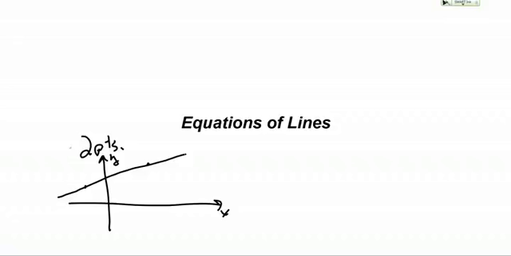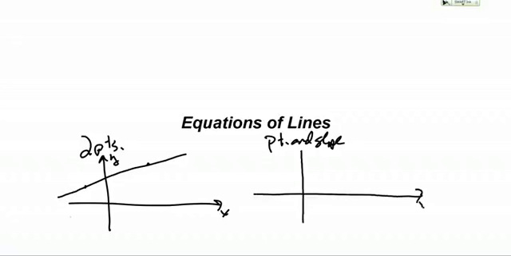Also, if we're given a point and the slope of the line, which is basically the direction in which the line is going, we could look at it geometrically. If we were just given a point alone here, we would have all sorts of lines that would contain that point over and over and over again.